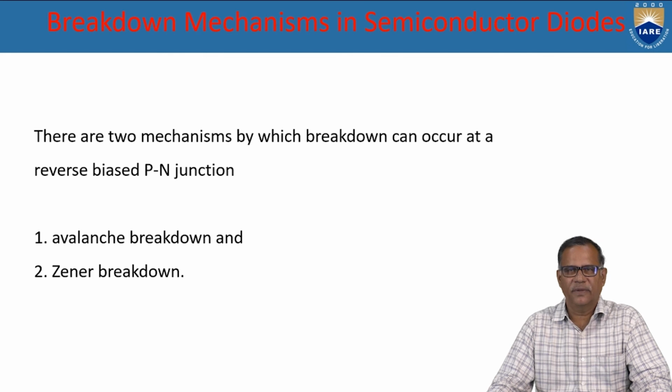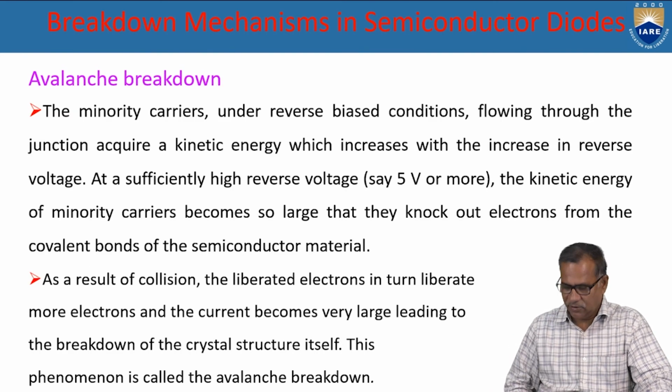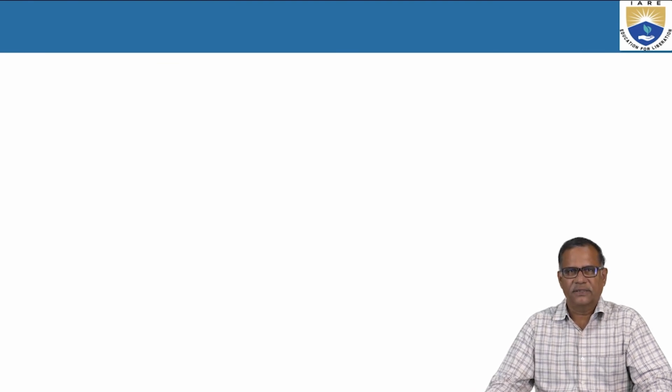So that is the avalanche breakdown. And Zener breakdown occurs in the Zener diode, for relatively small values of applied reverse voltage. So with this, I conclude today's session on the diode resistance and equivalent circuits.